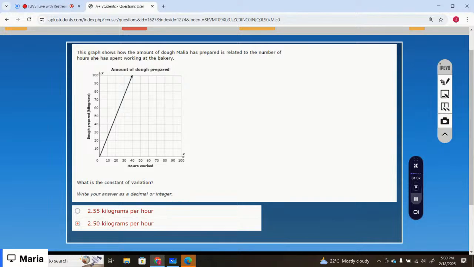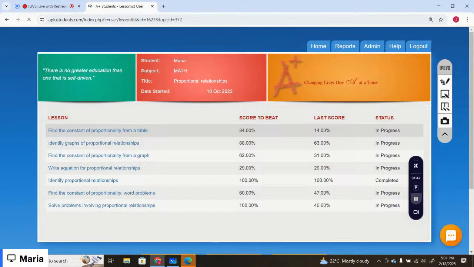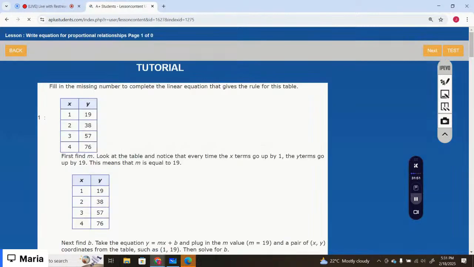Okay, you can complete the lesson by yourself later today. Let me just move on to the next lesson. Write equations for proportional relationships.